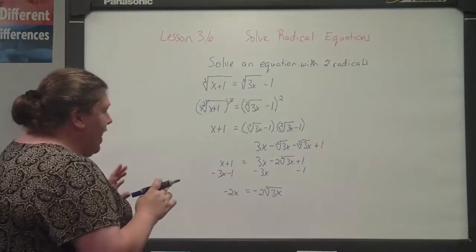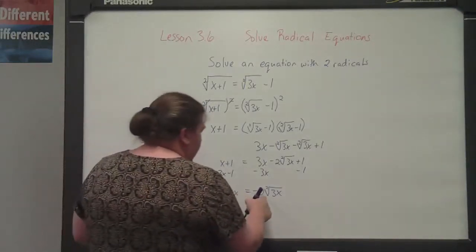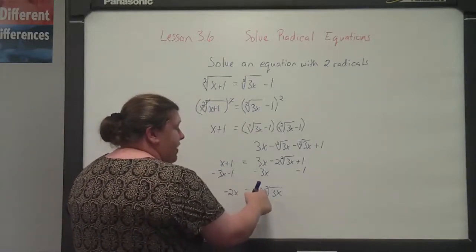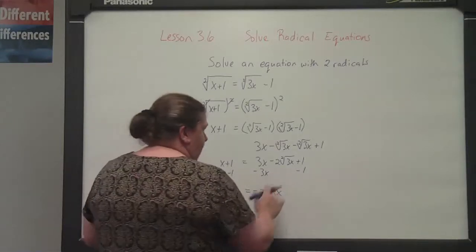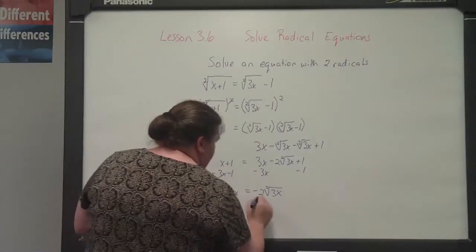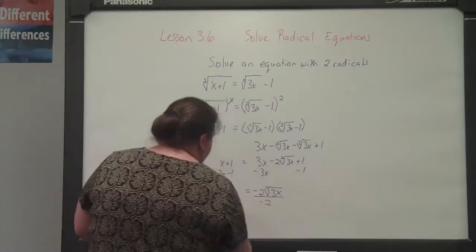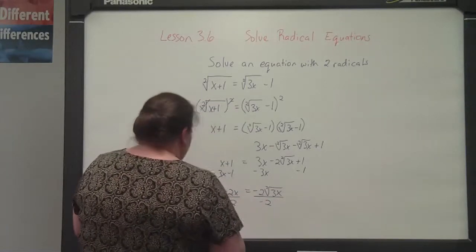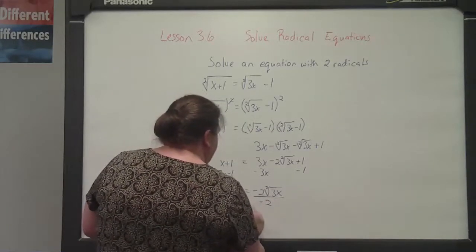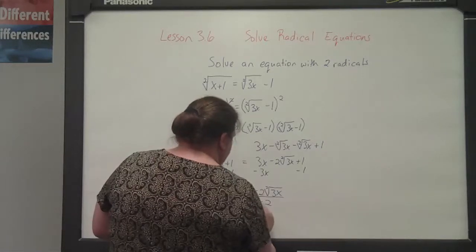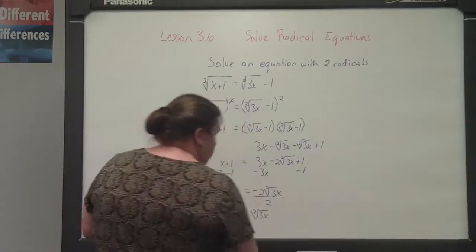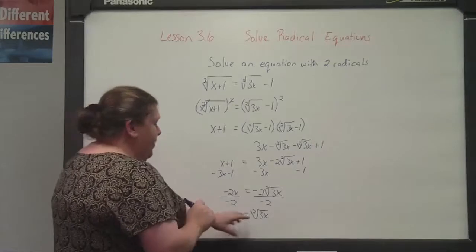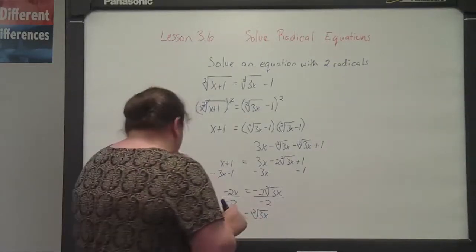Now, at this point, we can divide by my negative 2 because that's still not part of the radical. So I can divide by a negative 2 and divide by a negative 2. And so that gives me x is equal to the square root of 3x. But we still have to get rid of the radical.